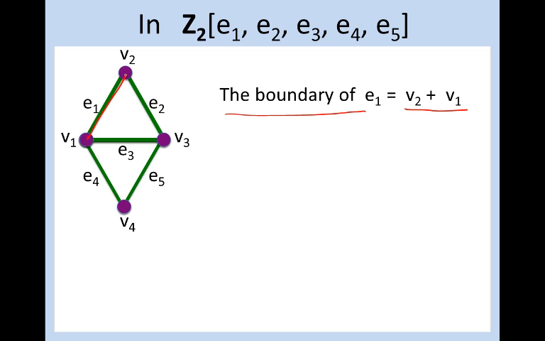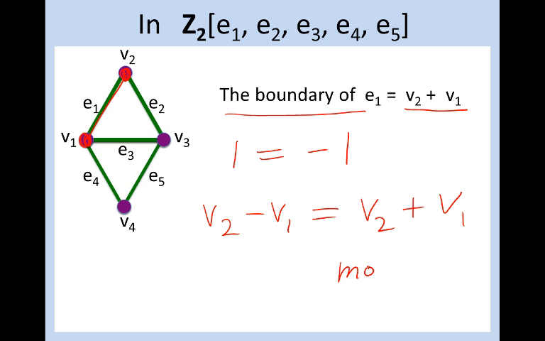So the boundary of E1 is just V1 plus V2. This makes sense since 1 equals minus 1. I know that V2 minus V1 equals V2 plus V1 mod 2, since minus 1 is equal to plus 1.